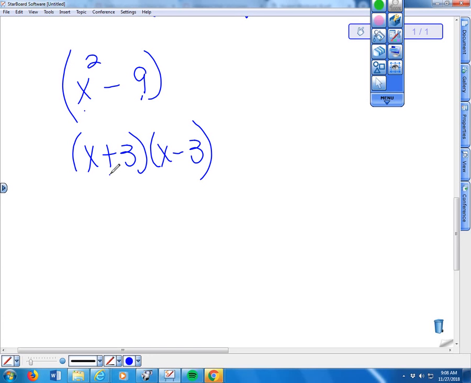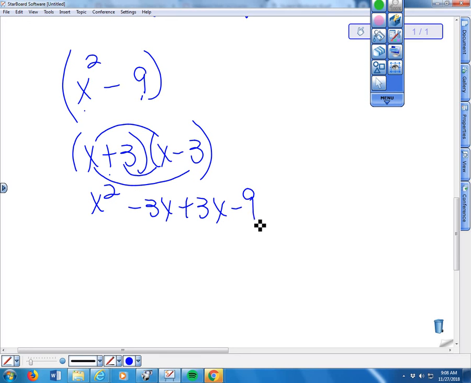Let's try and FOIL this. X squared minus 3x plus 3x. What happens to the middle terms? It only works with perfect squares. That's what I'm showing you. This factors to this, and I just checked it by FOILing.